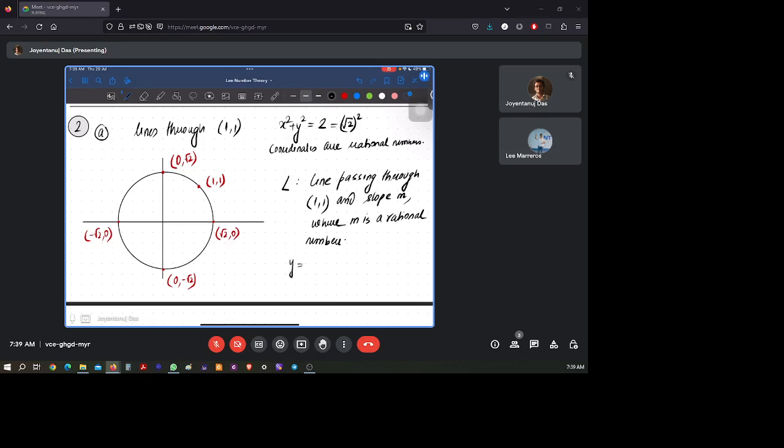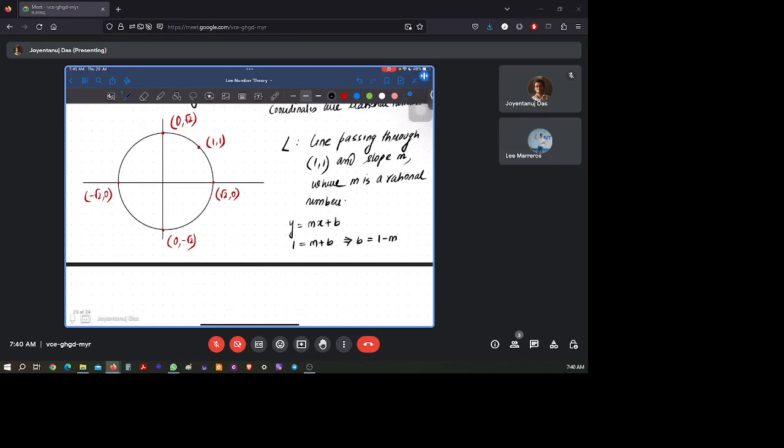So y equals mx plus b. Then what is b? You have to find out b. It satisfies 1 comma 1, it passes through 1 comma 1. So it should satisfy 1 equals m plus b, so b has to be 1 minus m.